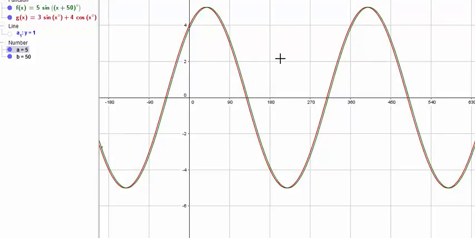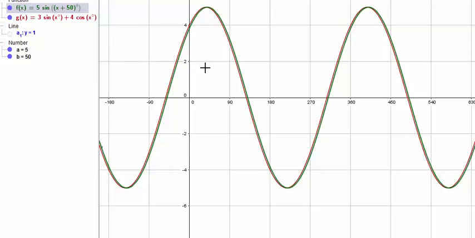I'm going to argue that the two graphs are now very close to each other after a transformation. We changed where it cuts the x-axis on the green graph, and we also changed the amplitude of the original green graph to make it look like the graph of y is equal to 3 sin x plus 4 cos x.